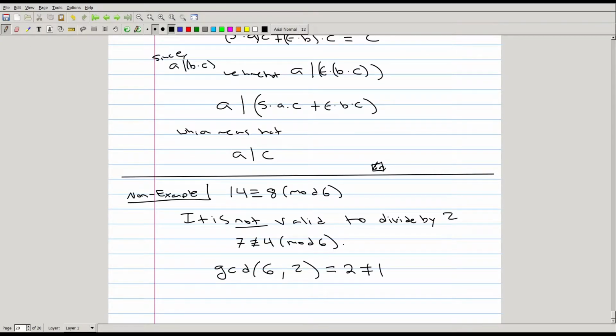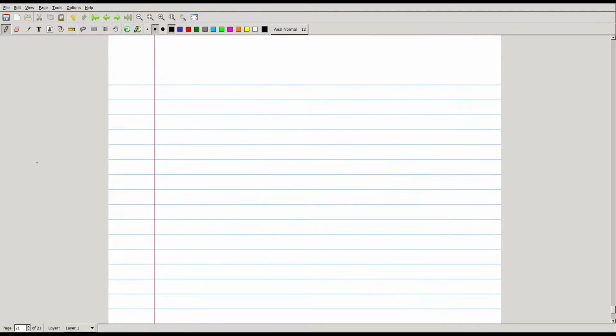So this is an explanation as to why this is not working. And what's very neat about what we've just shown is that we can actually go through and solve congruences for certain values of the coefficients.